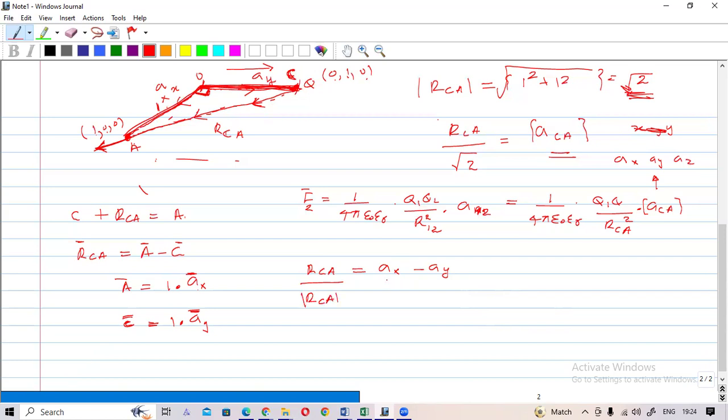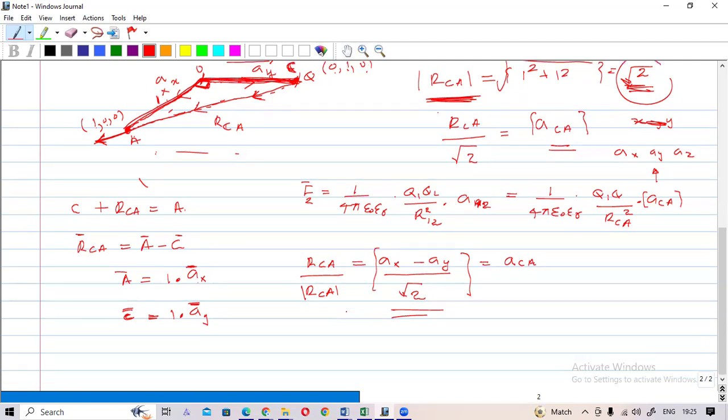So what is the RCA magnitude? We have already found that it is root 2. So if you divide this by root 2, this is the RCA unit vector, which we denoted ACA.